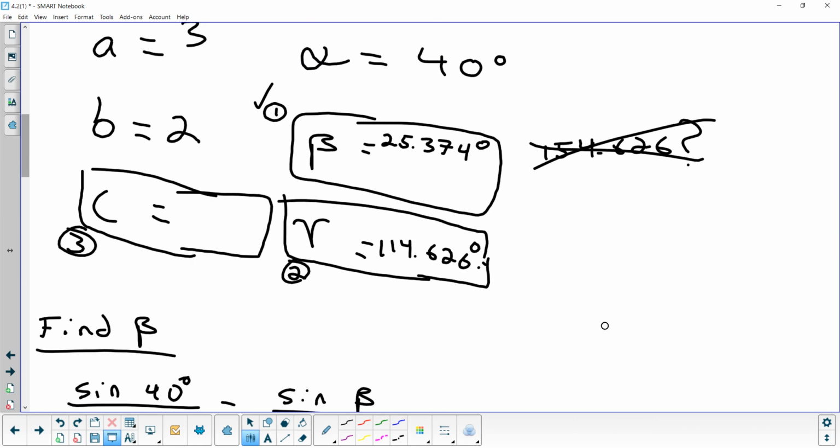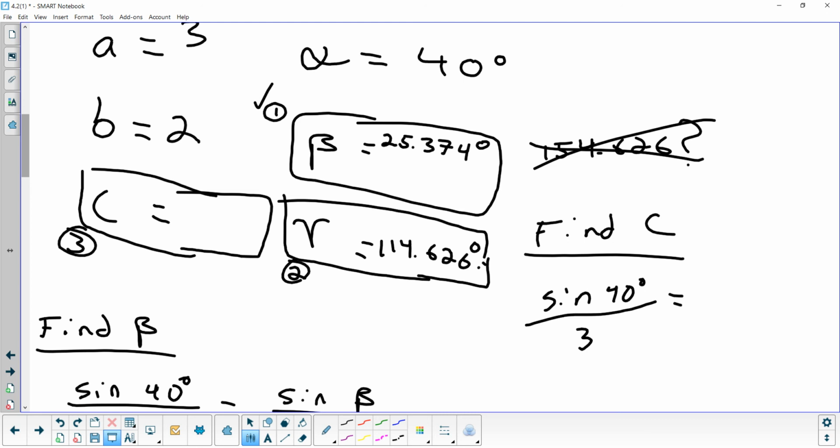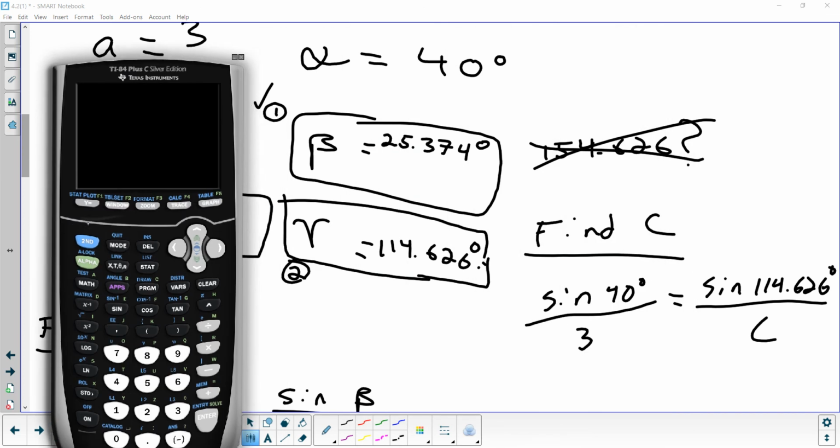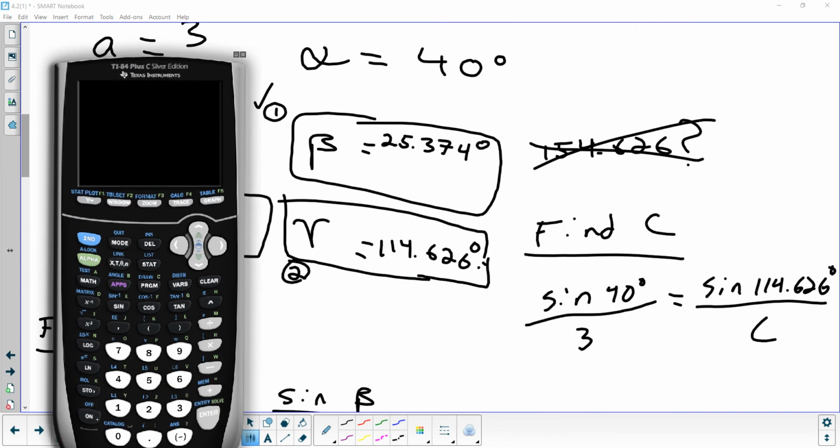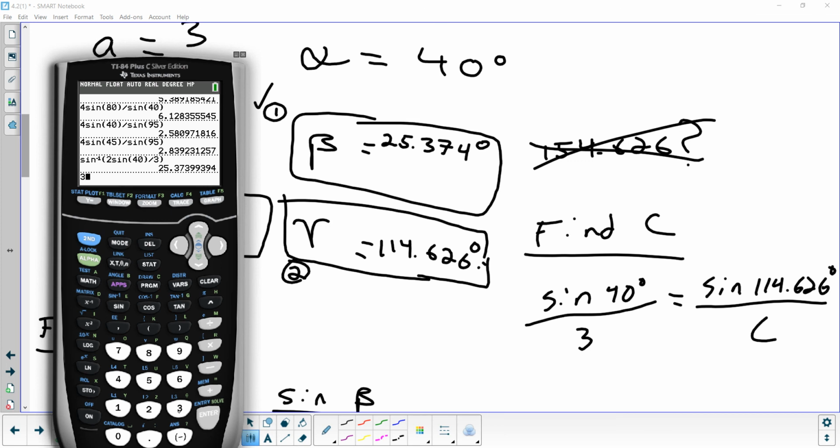Okay, so let me just write down how you would find C. I'm going to go back to the row that was given. Sine of 40 over 3 equals sine of 114.626 over C. So what are we going to get? 3 times sine 114.626, and we're going to divide by sine 40.